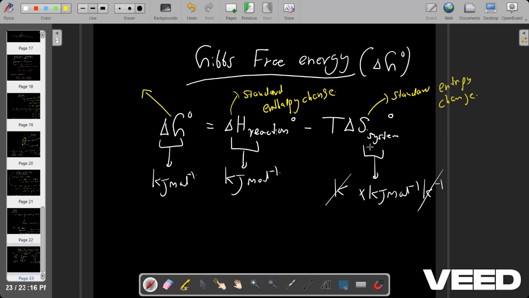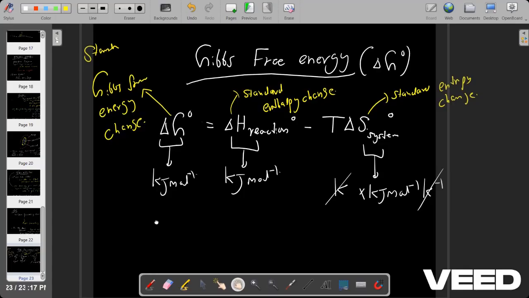Remember, they all are talking about the change. When the reaction is happening, how much Gibbs free energy change has happened? The standard Gibbs free energy change, or difference. That's it.